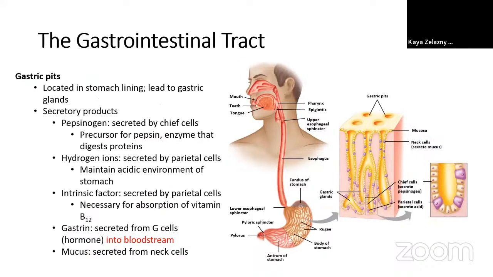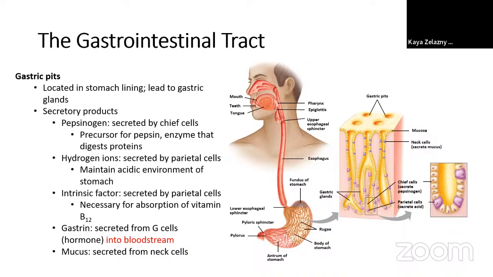So when we left off, we were looking at the gastric pits, which are these pits in the walls of the stomach leading to glands that are secreting a number of things, but particularly pepsinogen, hydrogen ions, which we're going to see in a little bit are mainly coming in the form of hydrochloric acid, and this thing called intrinsic factor, which is necessary for the absorption of vitamin B12.